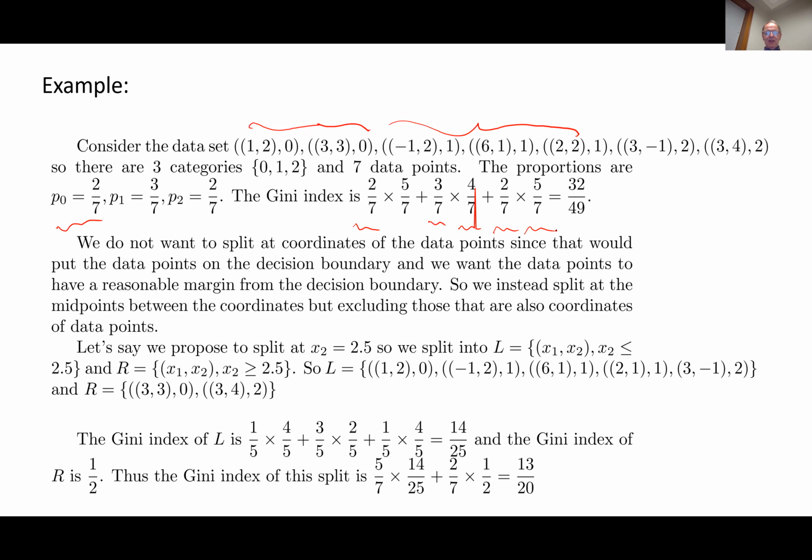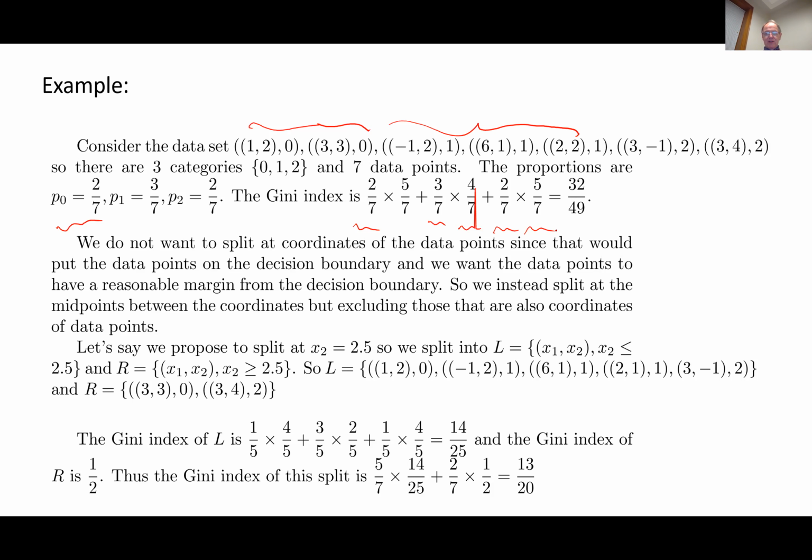We'd like to have our data point sitting comfortably inside the respective parts of the space that we divide. We divide the space into these categories, and we want our data points to sit comfortably inside those subsets, not on the boundary. Because then we don't really know which of the two categories they belong to. So we don't want to split at the coordinates of the data points.